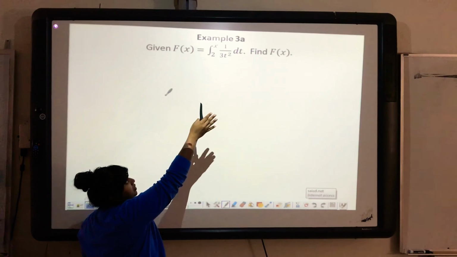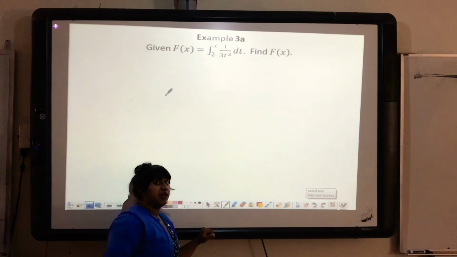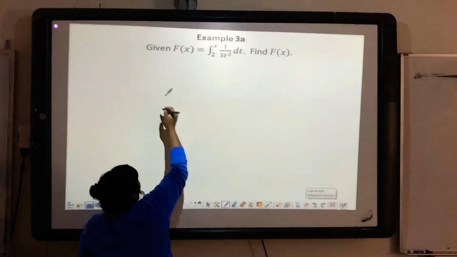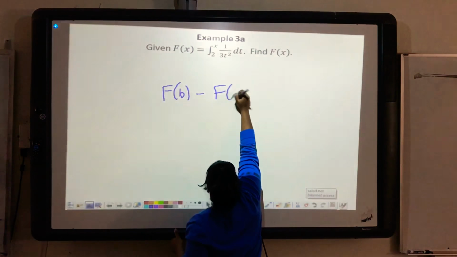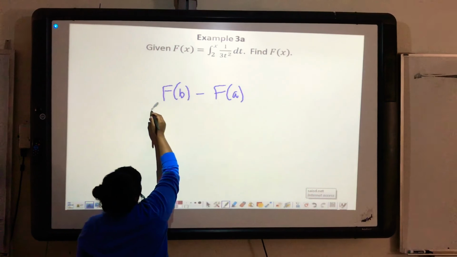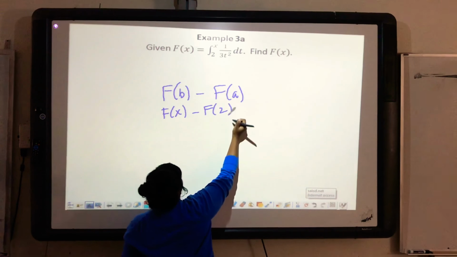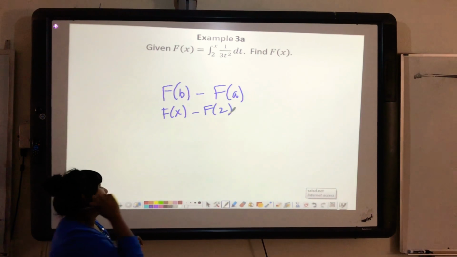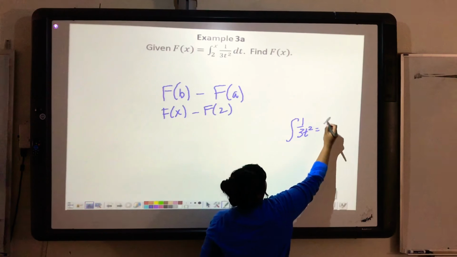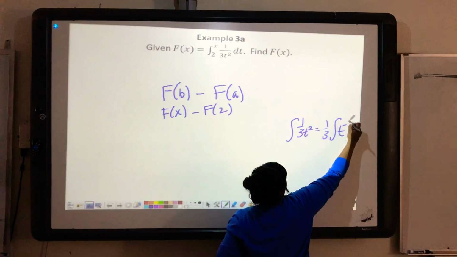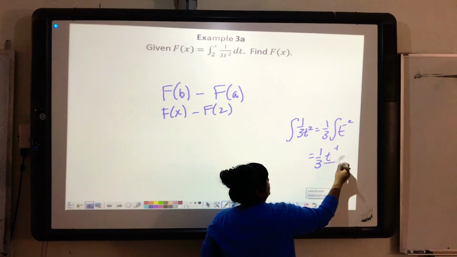This is not the fundamental theorem of calculus that we're learning today. This is the fundamental theorem of calculus that we learned last time, F of b minus F of a. So we're going to do our F of b minus our F of a, and that's going to become F of x minus F of 2. And let's integrate that real quick. The integral of 1/3 t to the negative 2 is equal to 1/3 times t to the negative 1 over negative 1.